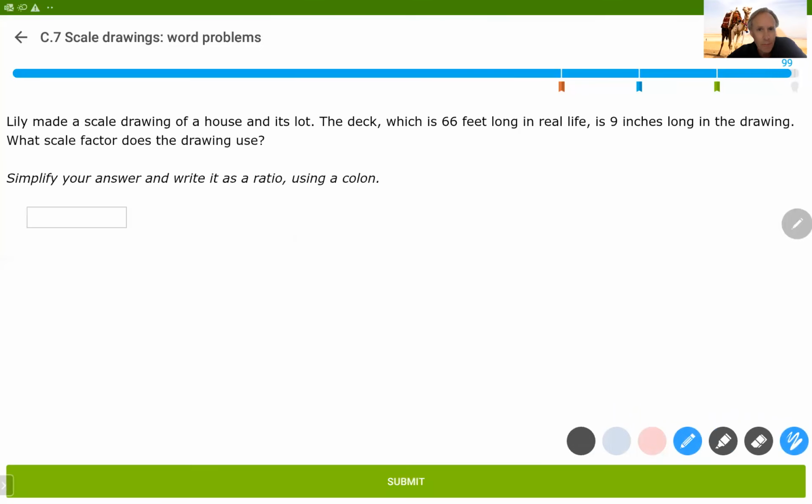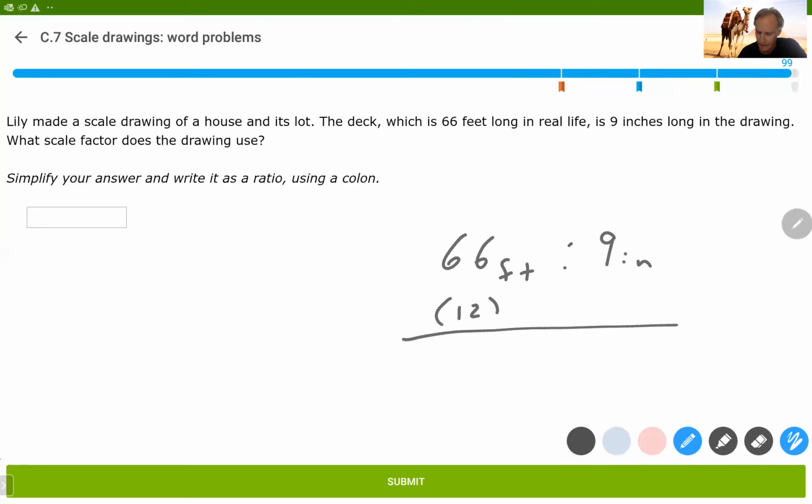One more. 66 feet to 9 inches. We are going to multiply by 12 on this side. One thing I can do is instead of multiplying this by 12 first and then dividing both sides by 9, I know that 3 goes into 9 3 times, and 3 goes into 66 22 times, and 3 goes into 12 4 times.